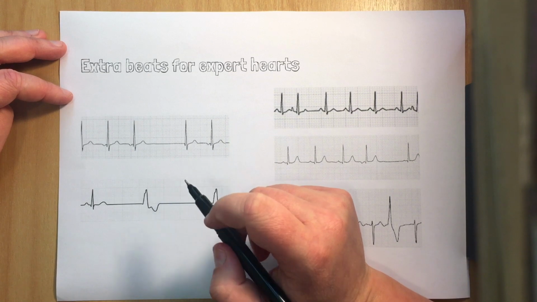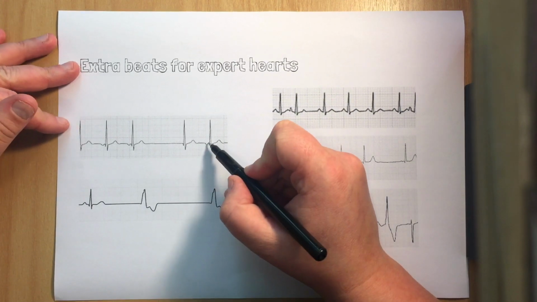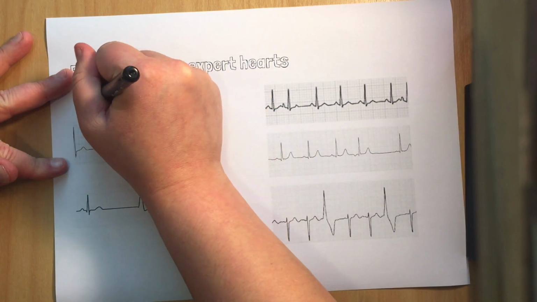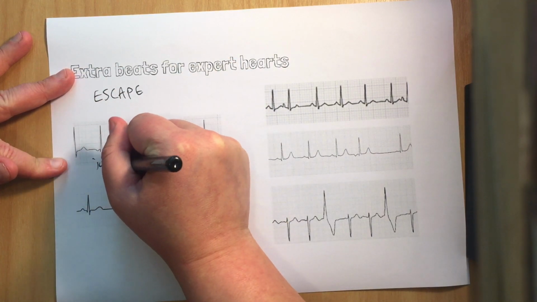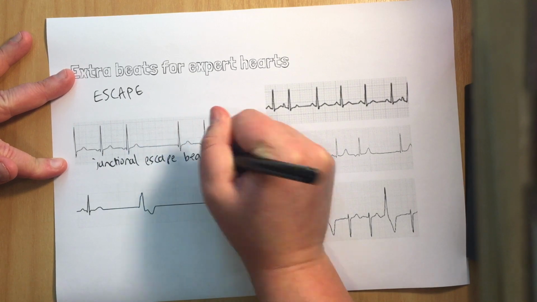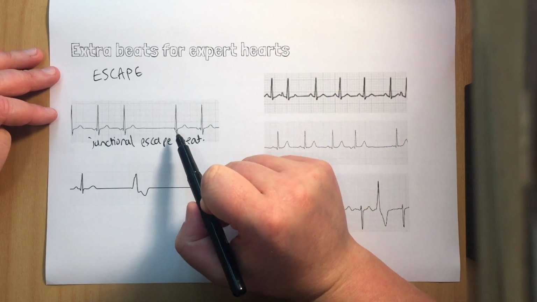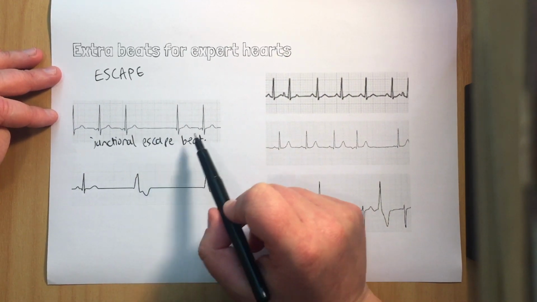We know that that's probably coming from the junction, so an AV nodal type situation. And then we've resumed a sinus beat here. So this one is a junctional escape beat. And you could have that persisting, but in this situation, it's just a single escape beat.